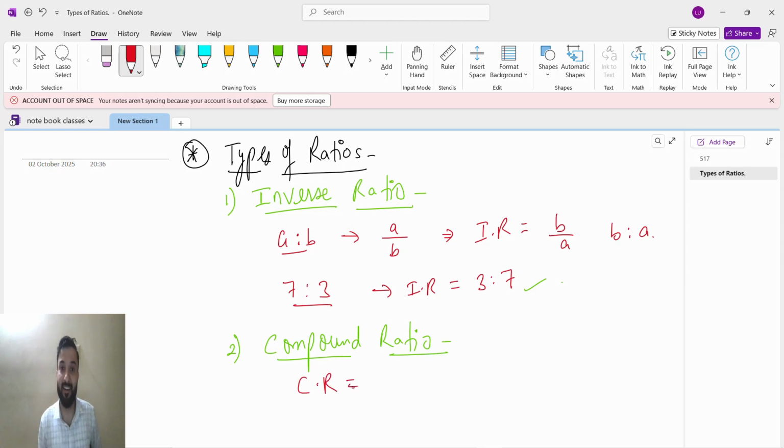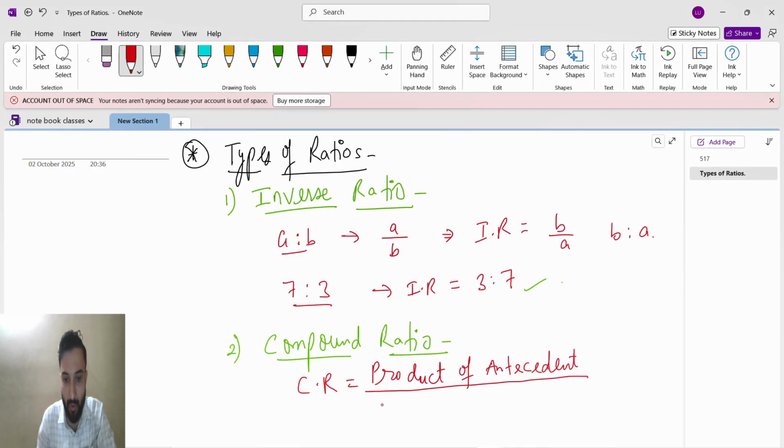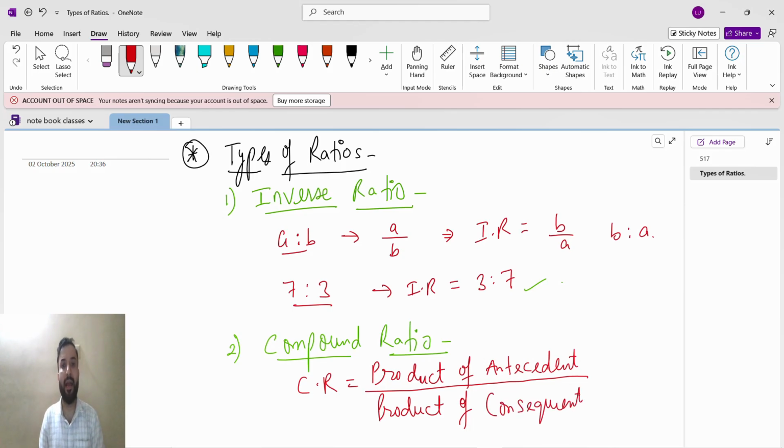The formula is: product of antecedents divided by product of consequents. Antecedent is nothing but the numerator, and consequent is nothing but the denominator, as I explained in the previous video.